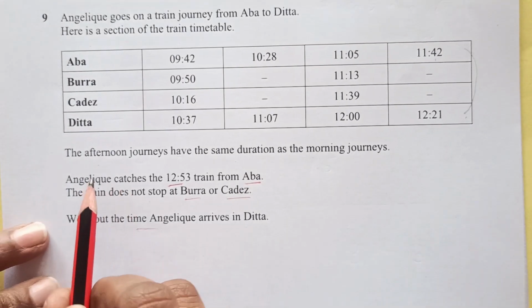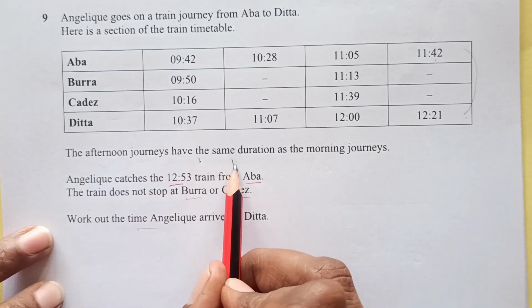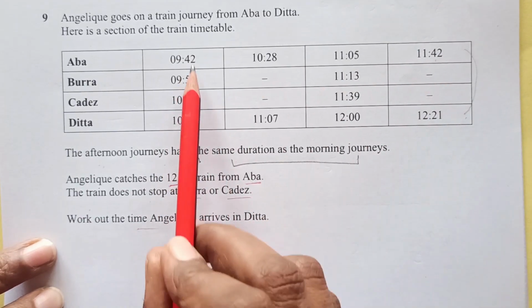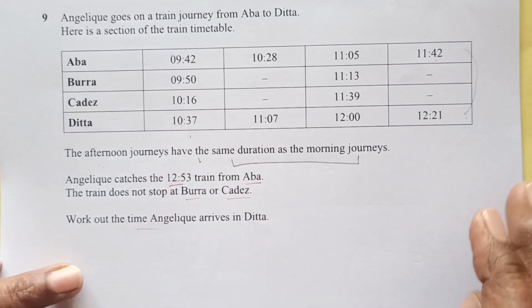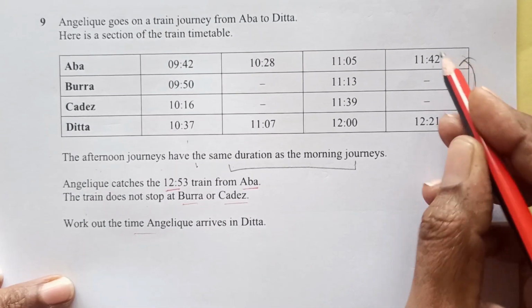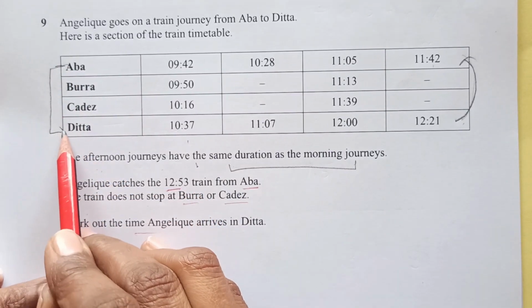Now going back here, he said the afternoon journeys have same duration as the morning journey. So you can see the time is same. So here if you see this one, we can take the difference from here to here, because he's starting from here and reaching there, right?